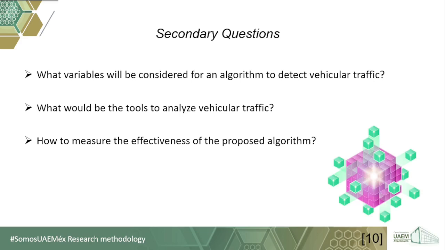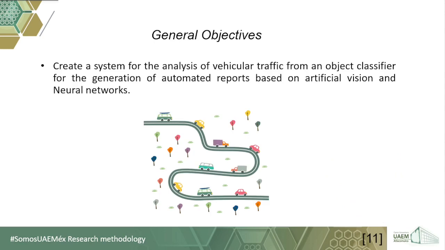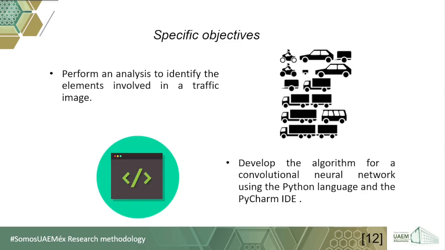What will be the tools to analyze vehicular traffic, and how to measure the effectiveness of the proposed algorithm? For our general objective, we want to create a system for the analysis of vehicular traffic from an object classifier for the generation of automated reports based on artificial vision and neural networks.